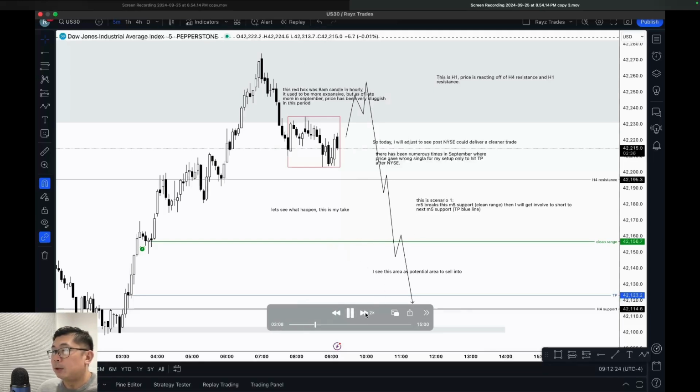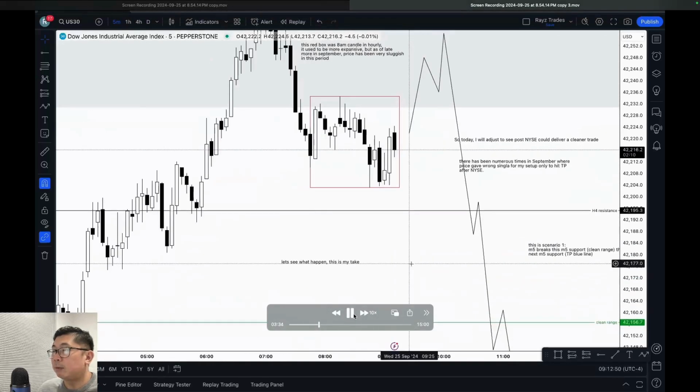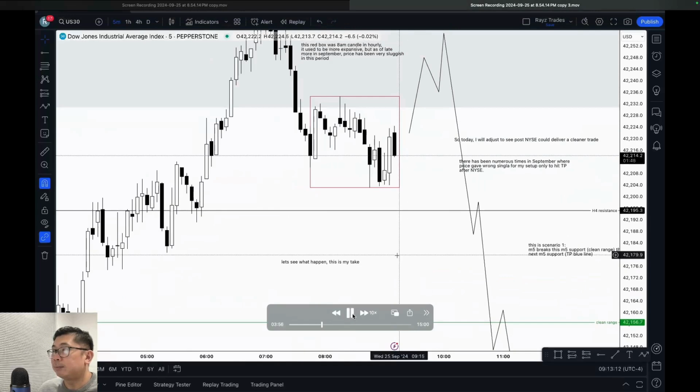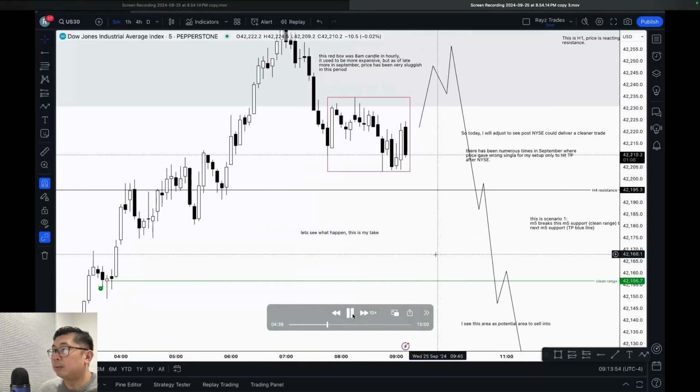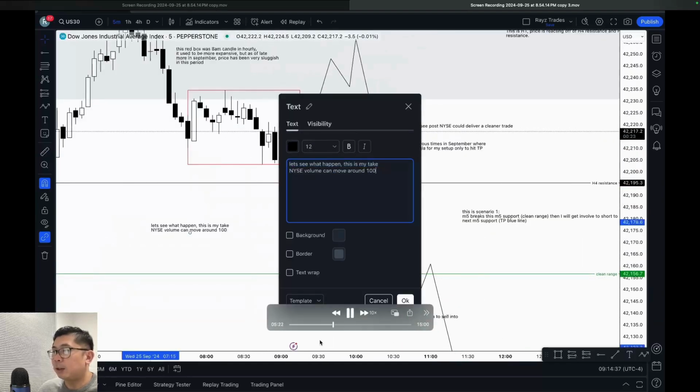So it's just a waiting game now. I didn't write anything. I'm just going to fast forward this. Price still goes inside here. So I said, let's see what happens. This might take a while. NYSE volume can move around 100 plus pips.